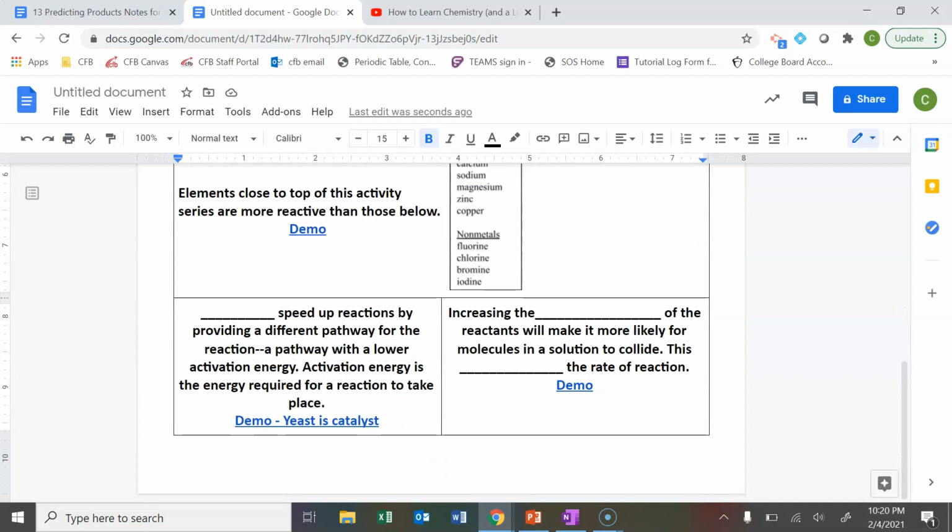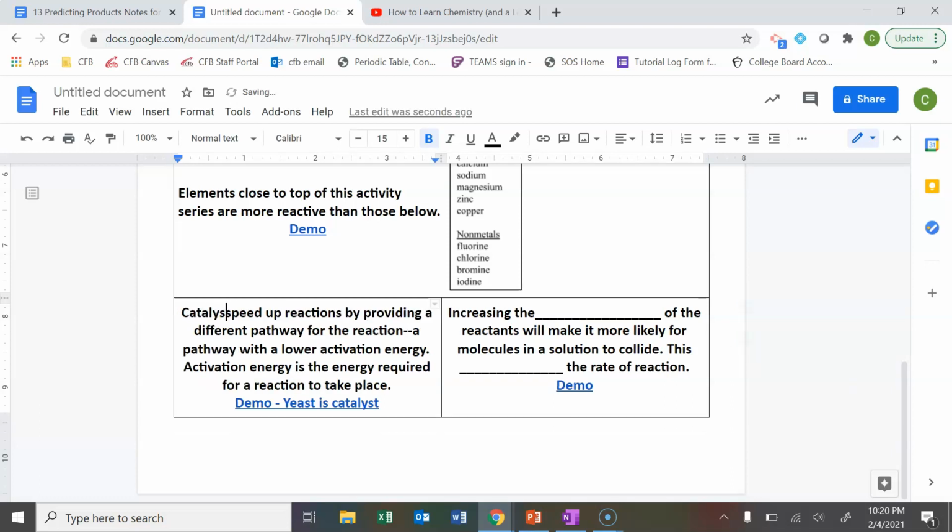All right, another thing that we're going to talk about is a catalyst. You probably have heard this word before, but maybe don't really know what it means. A catalyst, and I'm going to be really specific about this because if you are considering AP Chemistry, we're going to be specific with our wording here.